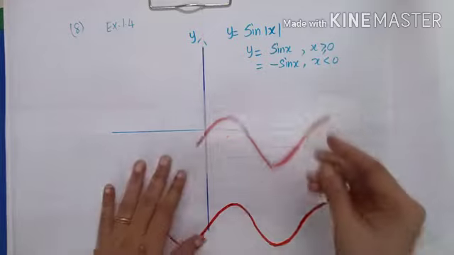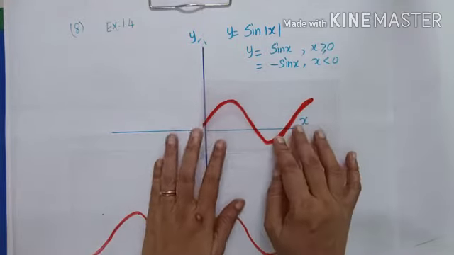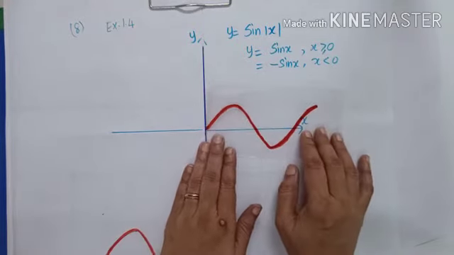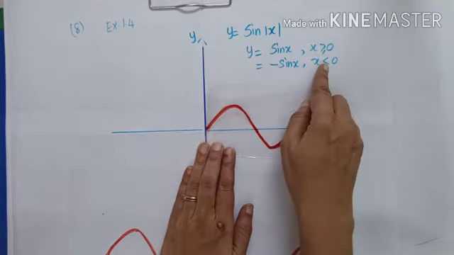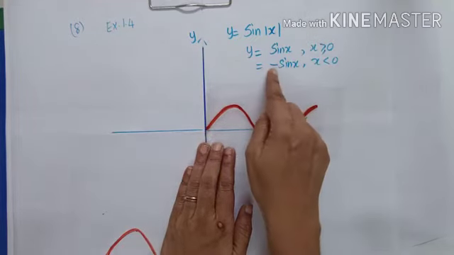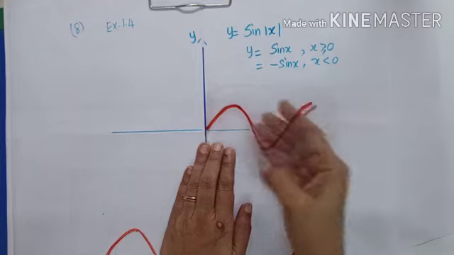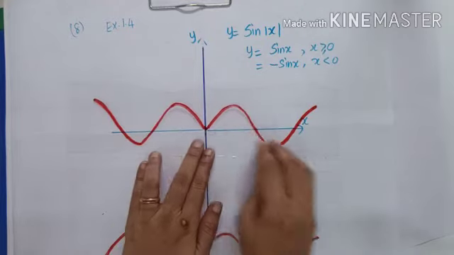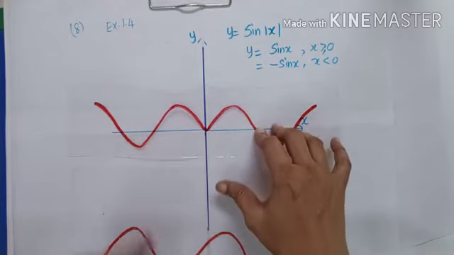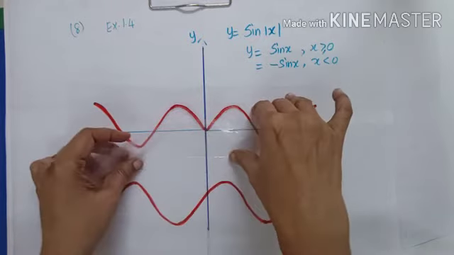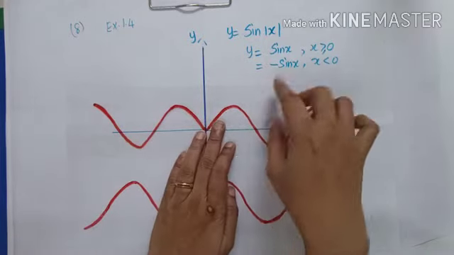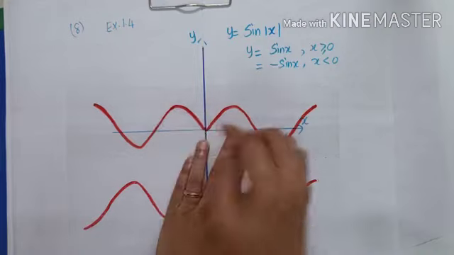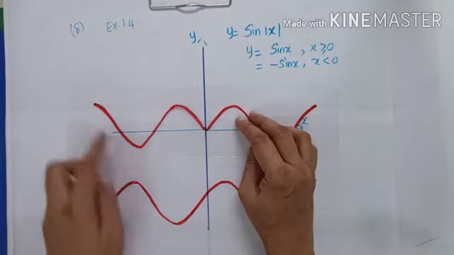See the diagram. When x is positive, we draw the diagram like this. When x is negative, I have to write minus sin x, that is reflecting. So this will be the diagram. The original diagram was down actually, but when I change the symbol, it will be up. Here it is up, which will become down.